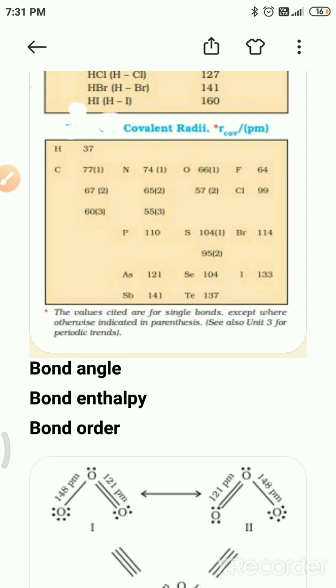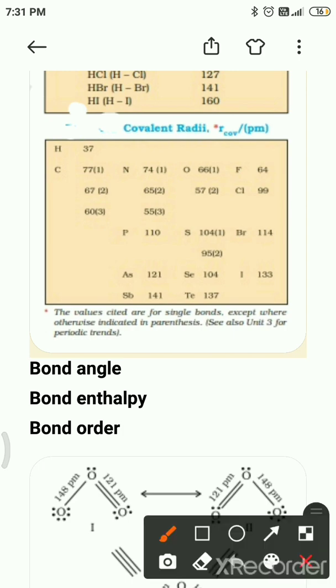Now what is the bond angle? Bond angle is defined as the angle between the orbitals containing bonding electron pairs around the central atom in a molecule or complex ion.